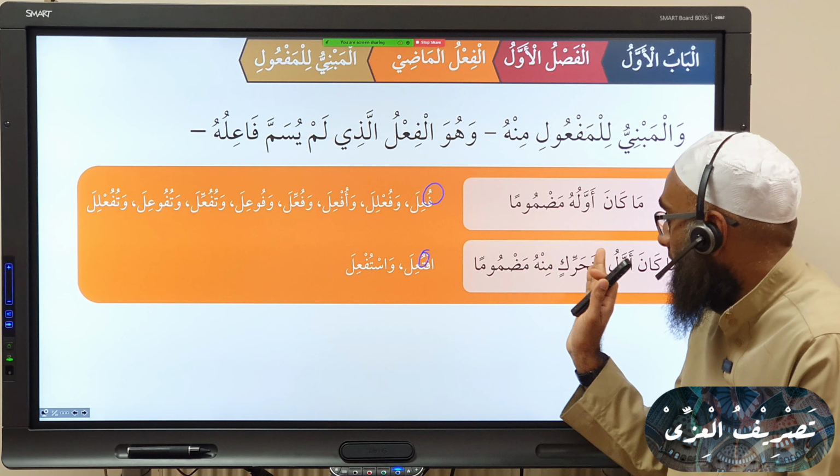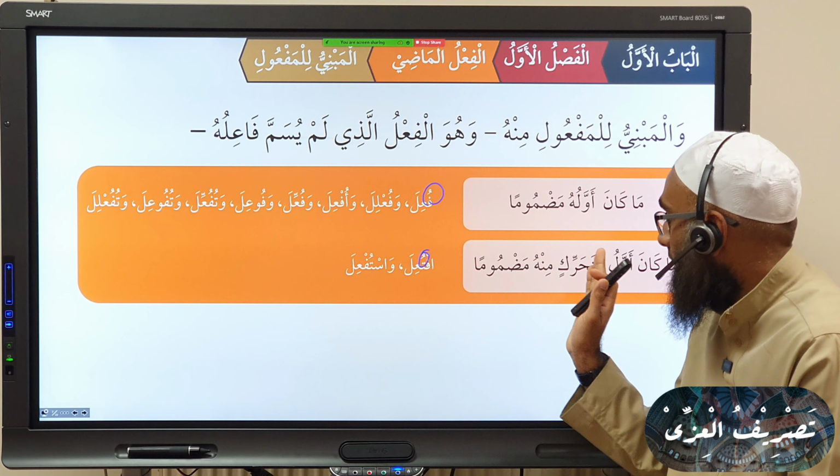Has not been mentioned, not been named. To call, to name, to mention. It's not been named in the text, not been pointed out in the text. So mabni lil-maf'ul is also called what? Fa'l al-majhul, mabni lil-maf'ul, or al-fa'l alladhi lam yusamma fa'iluhu.